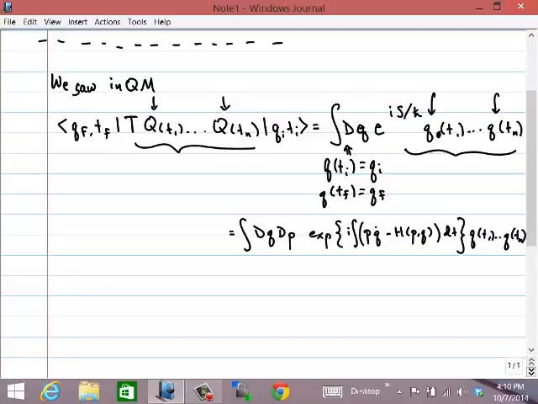Now, at the end of last class, I introduced a very clever and rather sneaky trick which allows us to compute these time-ordered expectation values in the vacuum state.